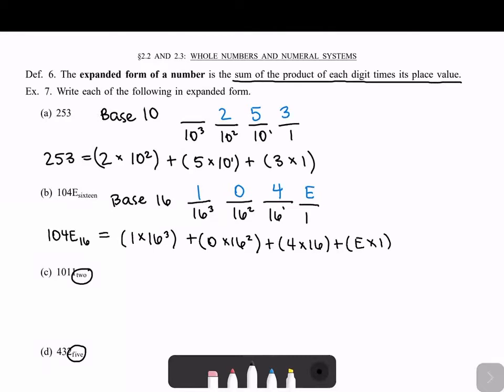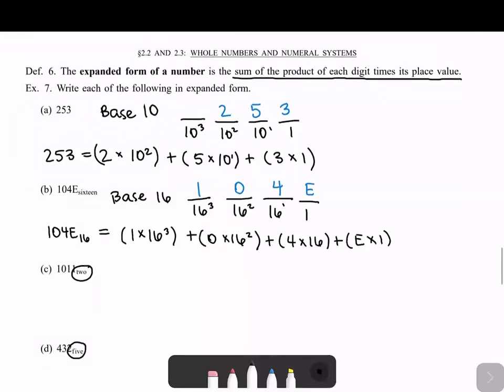So in this case, you can write 14 instead of e because e represents the value 14. So it's up to you which one you want to write, but when you're dealing with base 16, this hexadecimal system, you should be able to see any of the letters and know what value is associated to that letter. So this is how this one's written out.